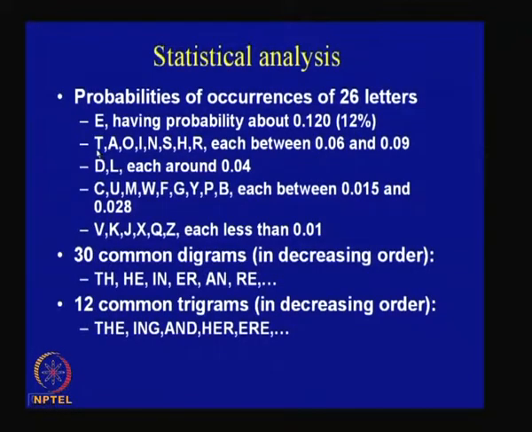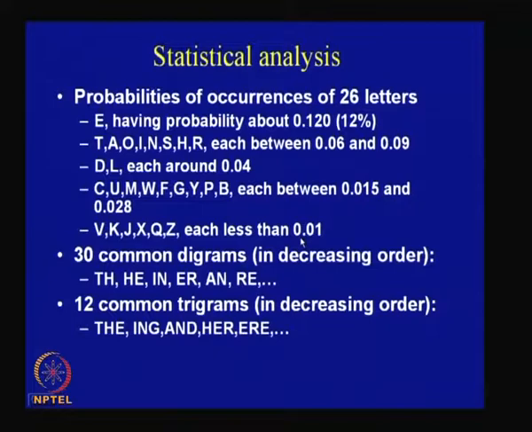Next in order come letters like T, A, O, I, N, S, H, and R. Okay, and D and L come around 0.04, and there are some other letters like C, U, M, W, F, G, Y, P, and B, which come between around 0.015 and 0.028, and then we have V, K, J, X, Q, and Z, which are less than 0.01.